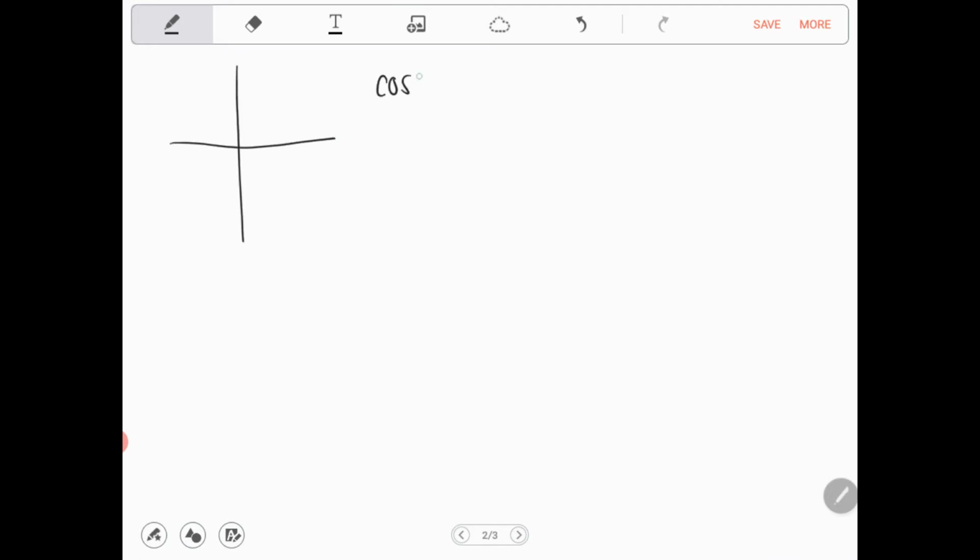We said that cos 72 is m over 1. Cos is x over r. So in my diagram, my x will be an m, and my r will be a 1.